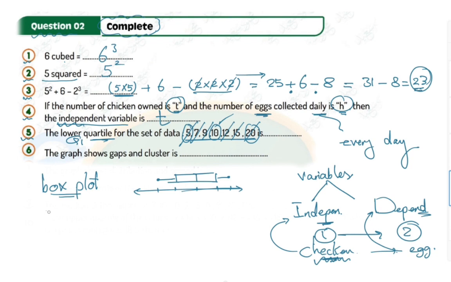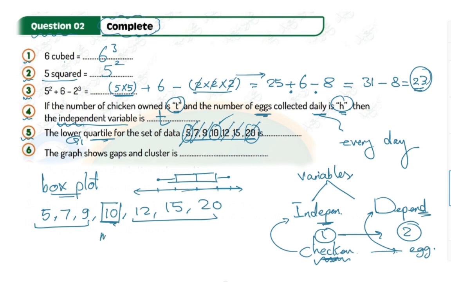What do you do? I have again 5, 7, 9, 10, 12, 15, and 20. We have 3 numbers here and 3 numbers here, and the middle, or the median, is 10.